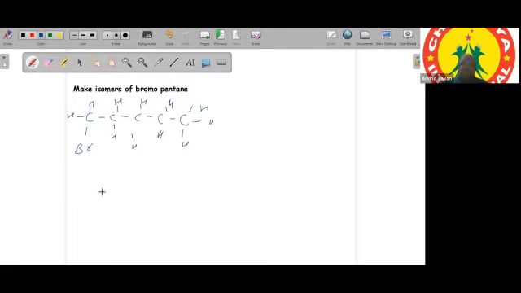Then the second one, you can make something like this. You can change the position of bromine to the second carbon and complete the chain. You can also make it on the third one like this. So all three are isomers.